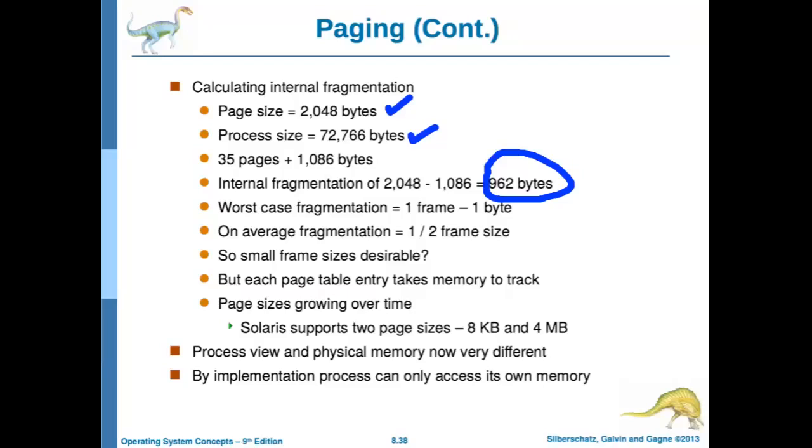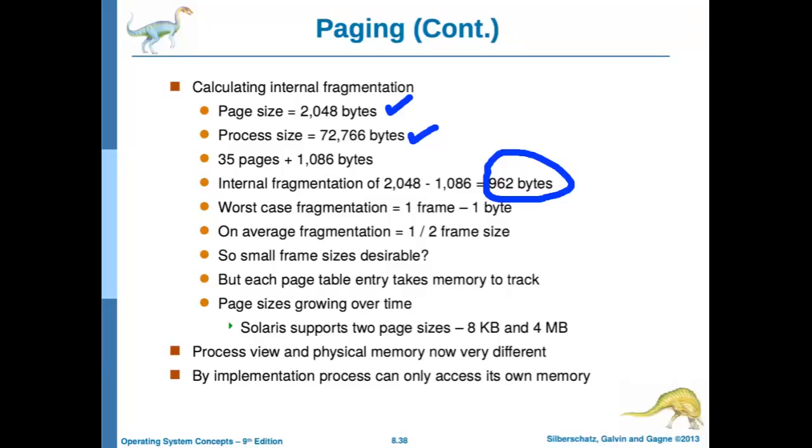The best case is when the size of the process is exactly a multiple of the page size, so there will be zero wastage. The worst case is when just a single byte is utilized from that frame. So in this example, if the page size is 2048, the wastage is 2047.